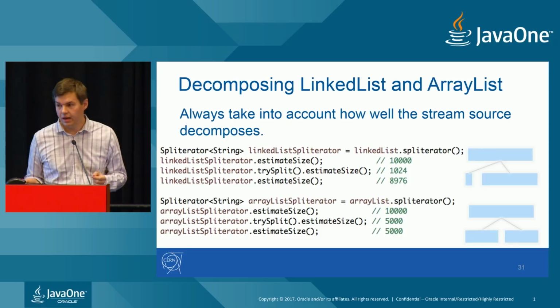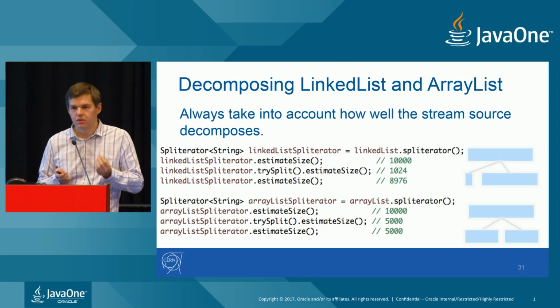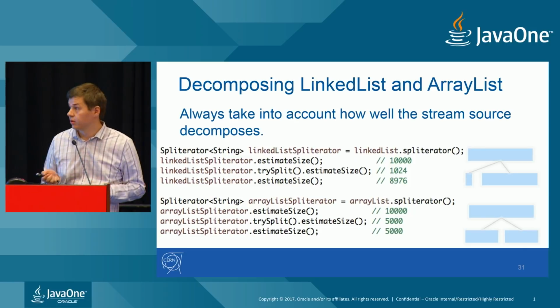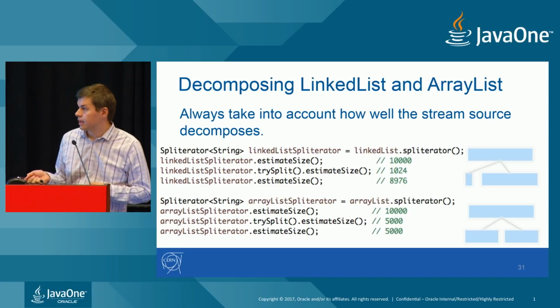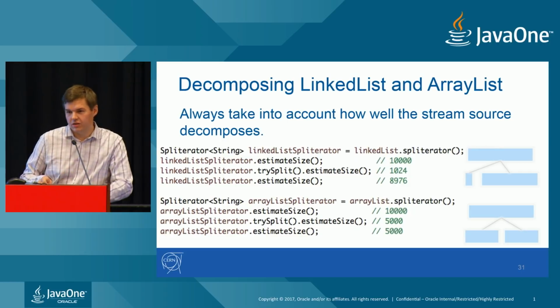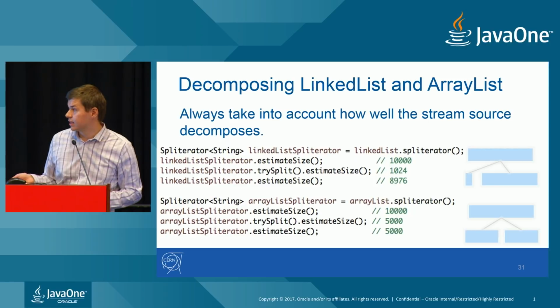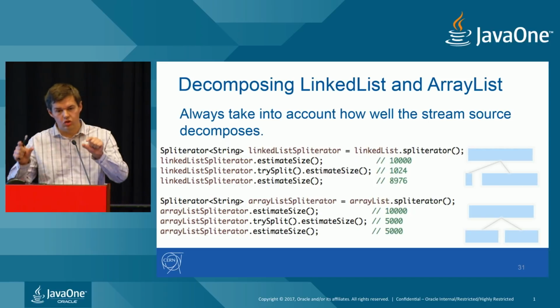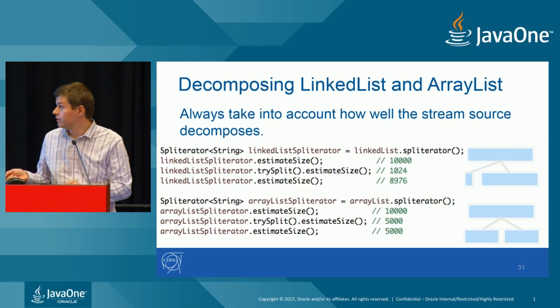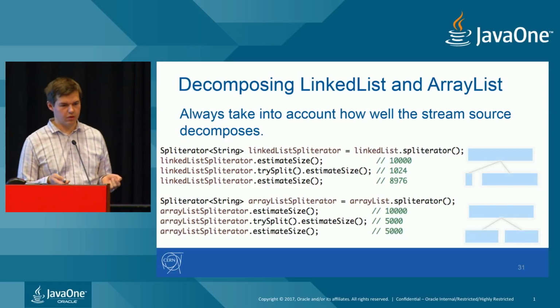So the guys at Oracle provided intelligent implementations depending on the data structure. With a linked list, they want to fork off as soon as possible. This is the reason why it is not evenly divided.